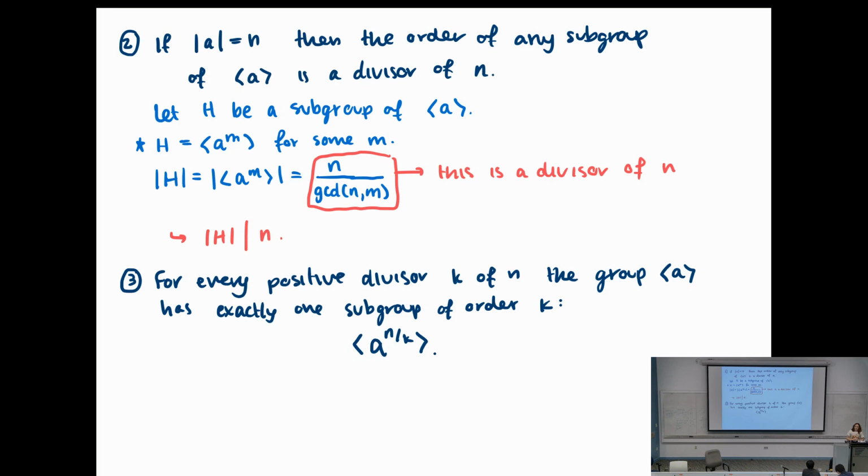Is that clear? So this equality is by a result from last time. This equality. Other questions about this part?